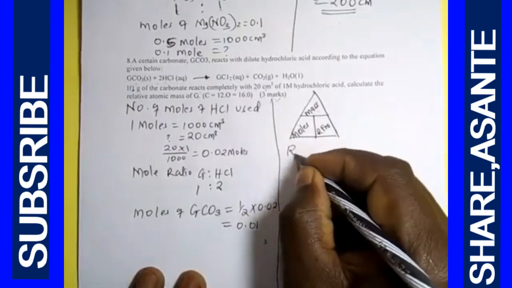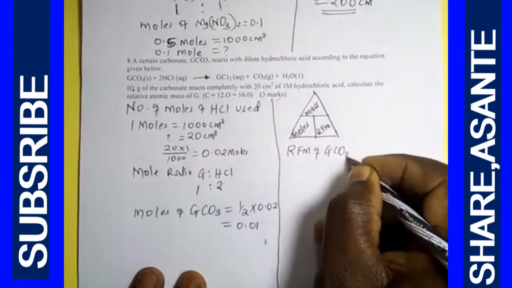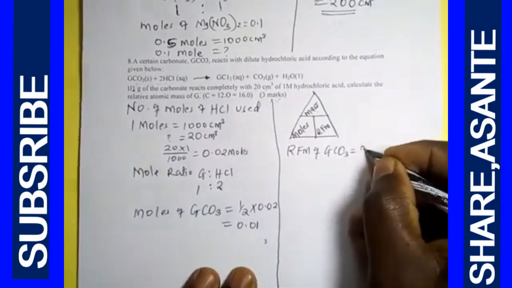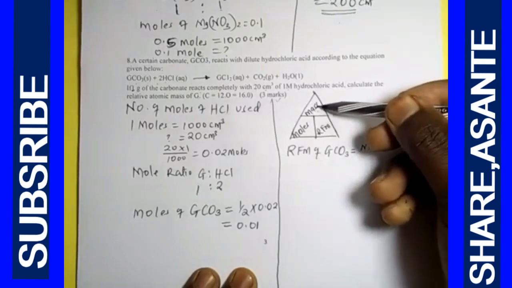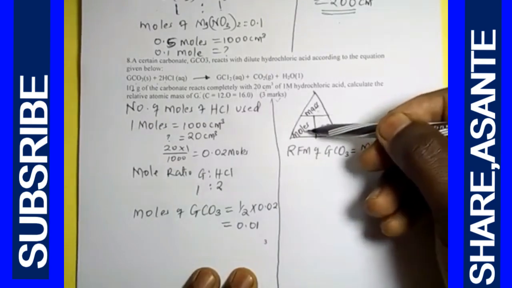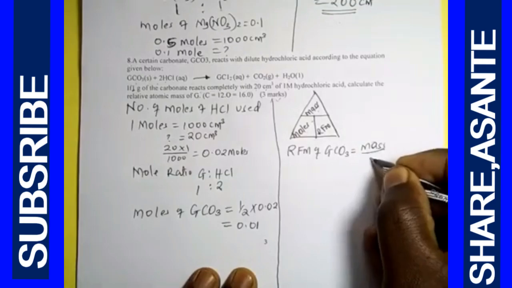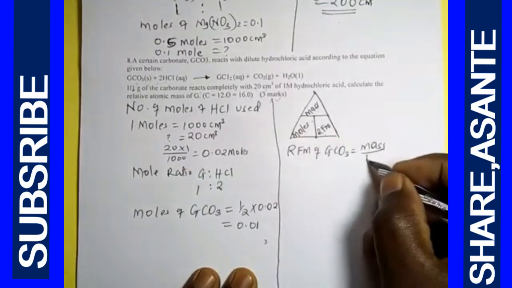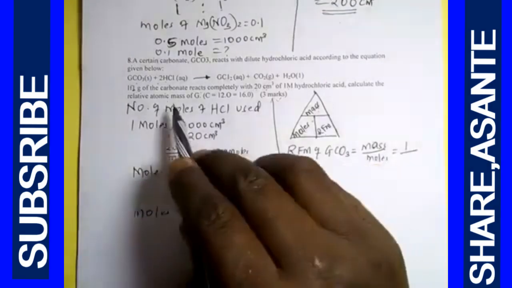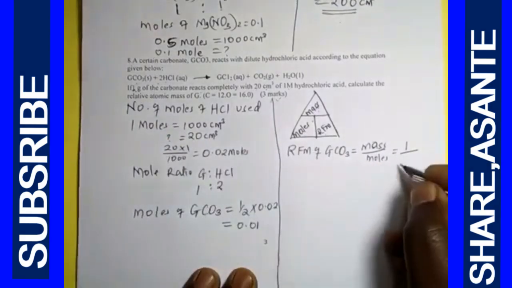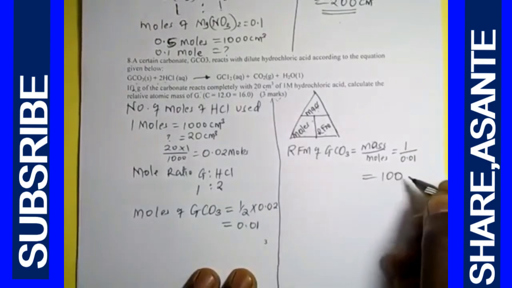So RFM of the G carbonate equals, from here, RFM is equal to mass over moles. Mass is 1 divided by moles, which is 0.01. So the RFM is 100.